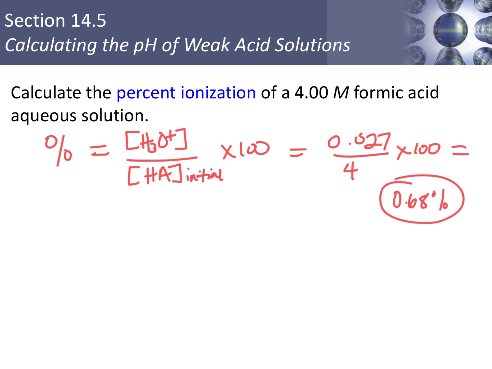By the way, you can also solve problems that give you a percent ionization or dissociation and ask you to work back to a Ka value by doing this process basically in reverse. If you're given a percent ionization or dissociation and an initial concentration, you can solve for the hydronium ion concentration and then work it back through an ice chart to find the Ka value.